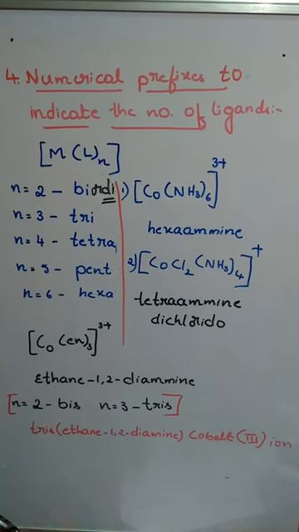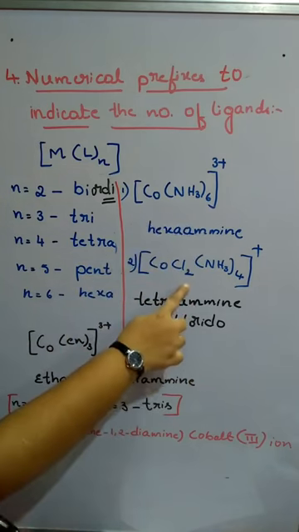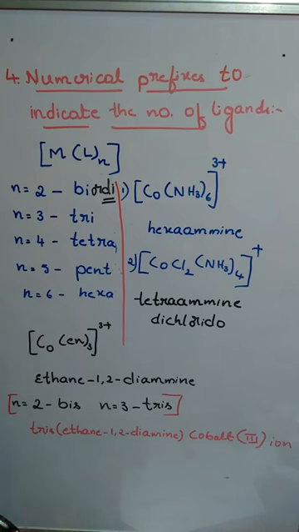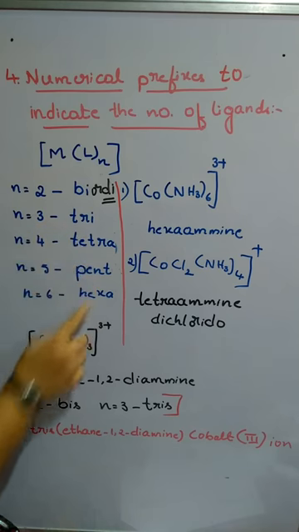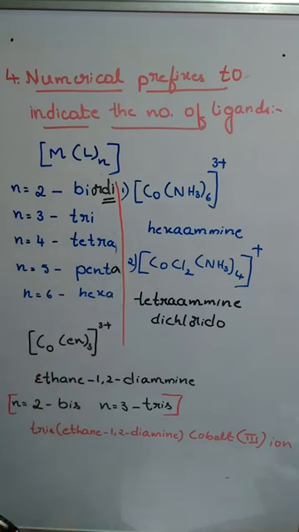So we are writing numerical prefixes to indicate the ligands. If it is a simple ligand like this, the numbers for the ligands are: 2 di, 3 tri, 4 tetra, 5 penta, and 6 hexa.